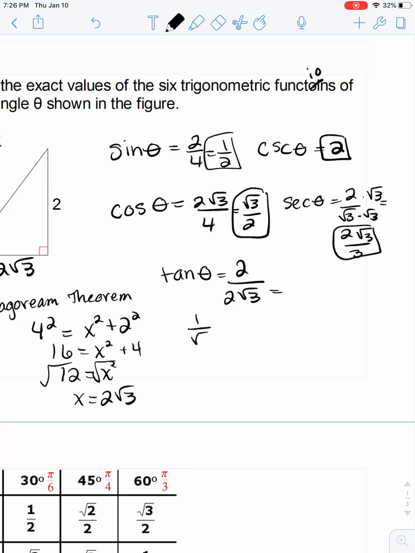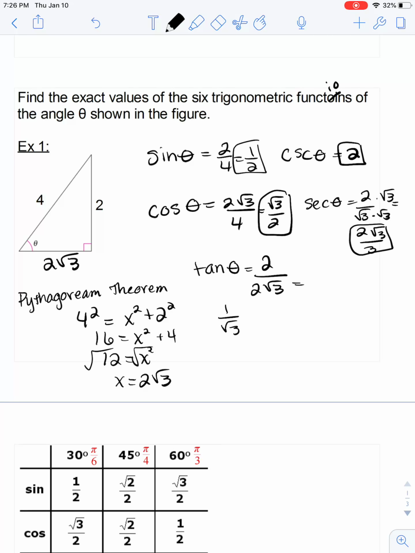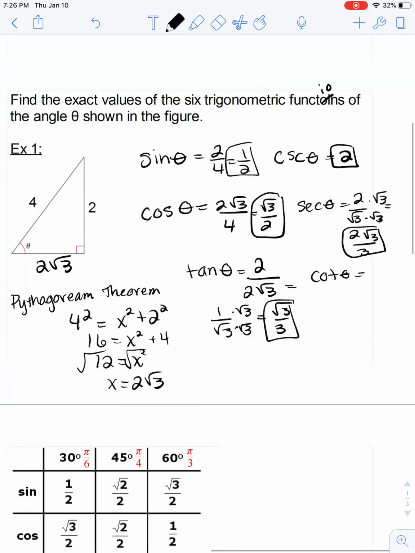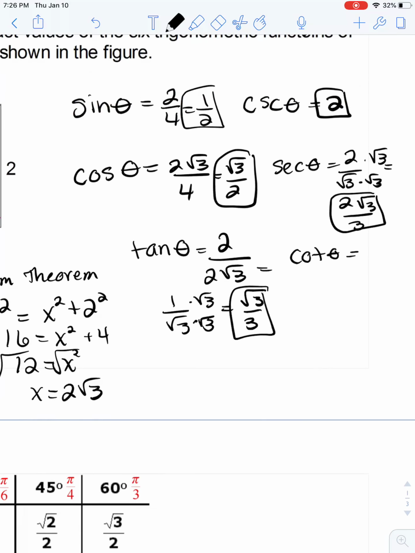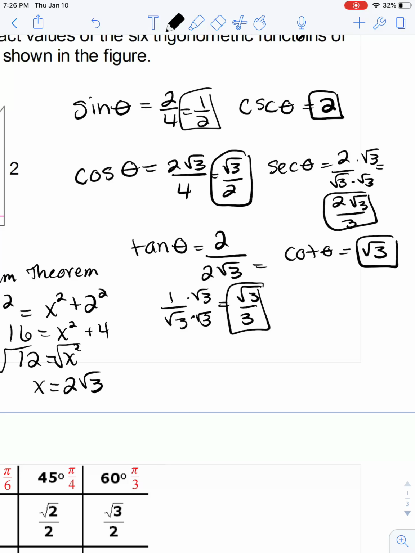So I get 1 over the square root of 3, which we'll have to rationalize. So we'll get square root 3 over 3. And then cotangent of theta would be the reciprocal. So if I know 1 over root 3 is tangent theta, this is just going to be root 3. Okay?